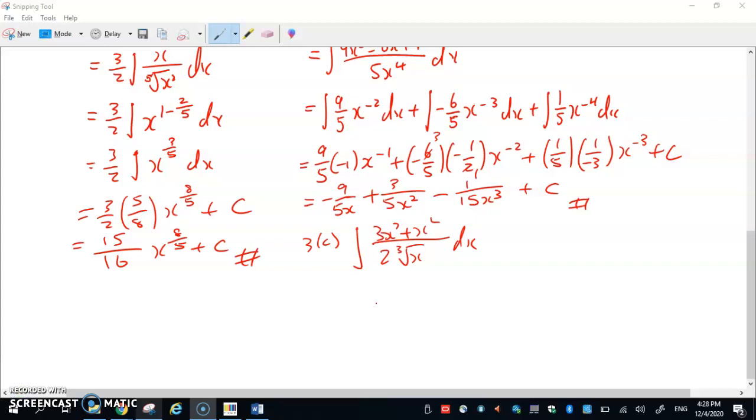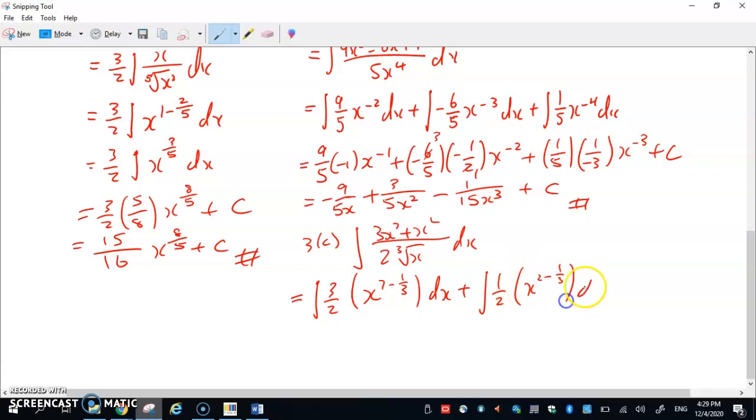Now the last part is 3c, 3x to the power 7 plus x squared over 2 times cube root x. What we get is, we will split them again into different terms. Integration of 3 over 2, x to the power 7 minus 1/3, dx plus integration of 1 over 2 times x squared minus 1 over 3 dx.